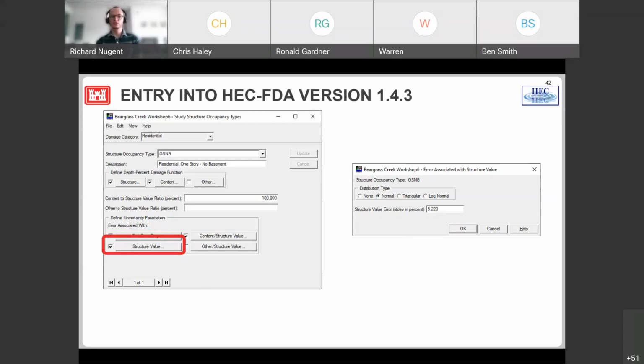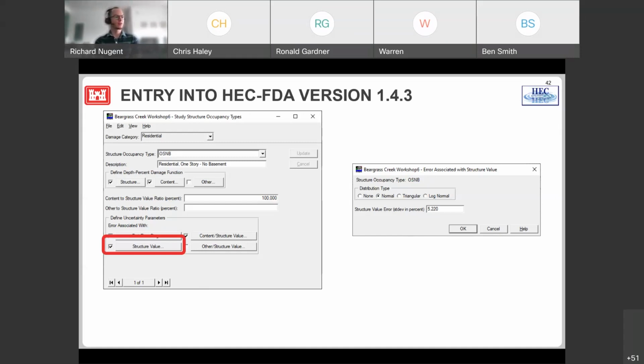But for the structure value, this is really useful because the best estimate, which we're going to assume is the mean of a structure's value, is going to be the value in the structure inventory, right? But then we want a distribution about that value. And so if we use a coefficient of variation, we can reflect the same relative uncertainty for all structures in this occupancy type, but scale the uncertainty by that structure value, right?